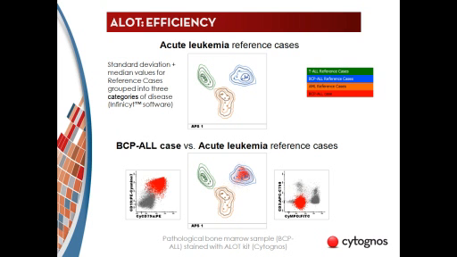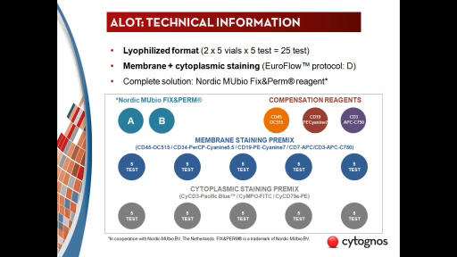How is the format of this ALOT? Well, it's slightly different from the LST and SST for one single reason. In this case, as you can see in the combination of antibodies, we have some surface markers and some cytoplasmic antibodies. So we cannot put everything together in the same vial because the protocol is slightly different, so we need to split.